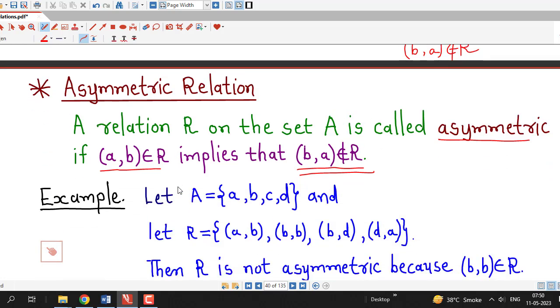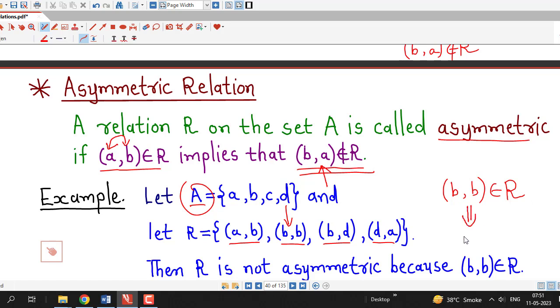So that we understand with this example. Suppose set A has four elements a, b, c, d and R is having all these ordered pairs. R is a relation on set A. Then R is not asymmetric because this is present in R. The definition says that if some element is present in our relation and we change the order of components in the ordered pair, then the resulting element must not be present in the relation.